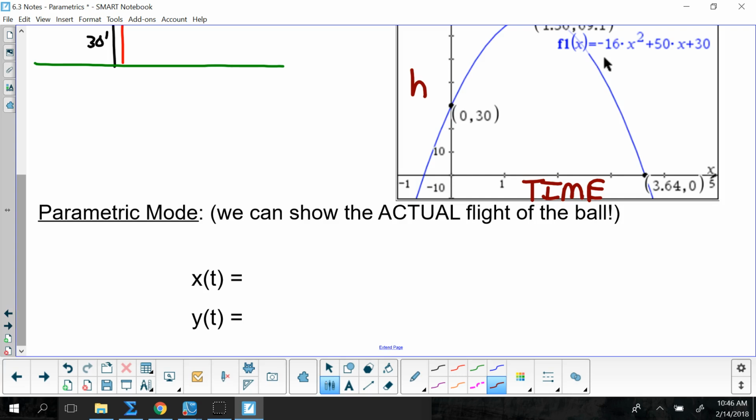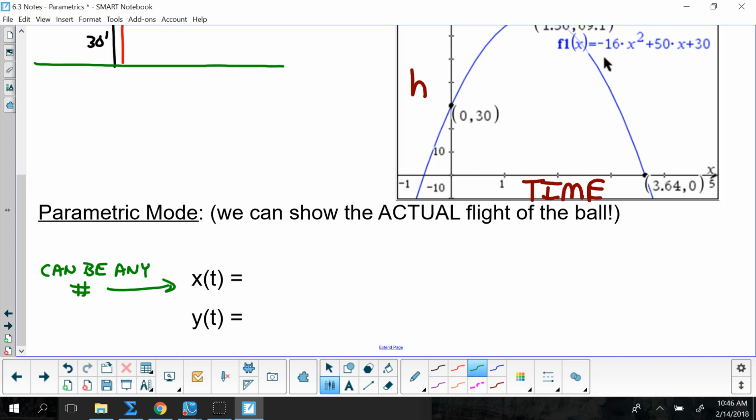Okay? The x part of a parametric equation is my horizontal movement, correct? Is this ball moving horizontally? No. So this x can be any number. It's not going to change.